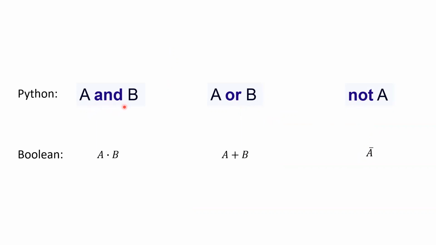A and B in Python is A dot B. A or B is A plus B. And not A is A, but with a little bar above it. So you can think of and as a kind of multiplication sign, and or as a sum sign, a plus sign.